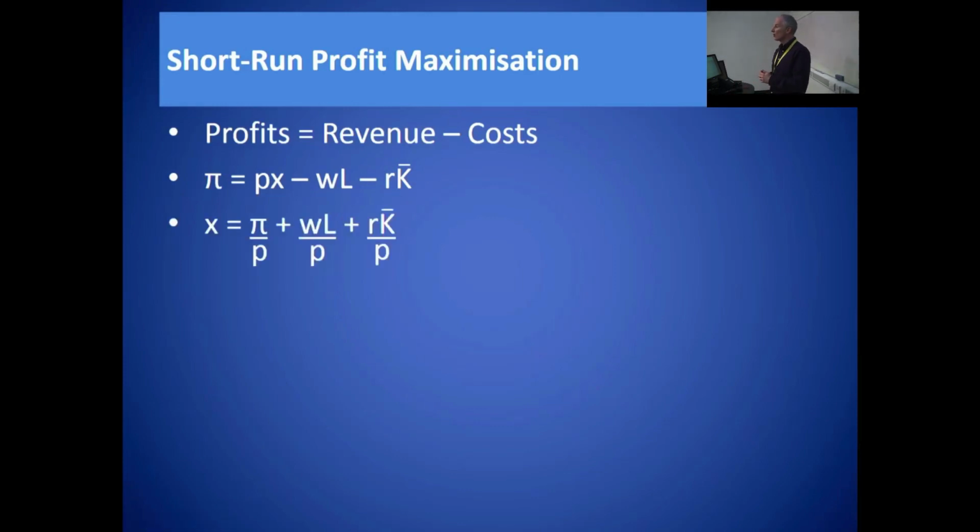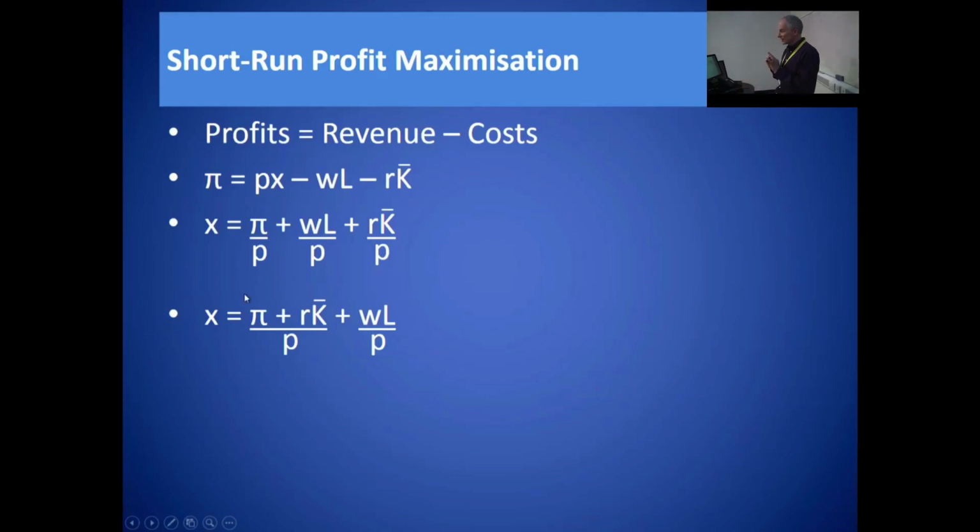Now all we're going to do next is take that expression and rearrange it in terms of X, in terms of output. I won't put any intermediate steps there. It's a simple bit of algebra. You can work it through for yourself. But if you rearrange it in terms of X, you get pi divided by P plus W over L divided by P plus RK divided by P. Simplify a little bit more, then you get that expression there.